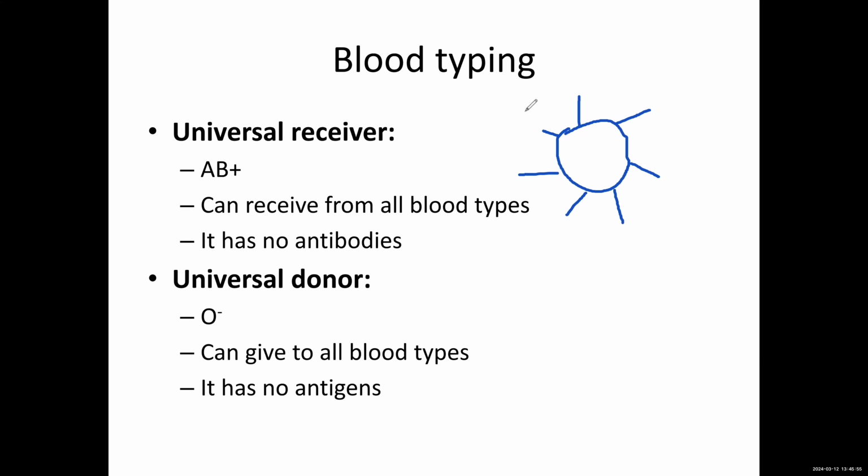So this patient has A and B, because it's AB, and Rh. Why does this patient have Rh? Because it's AB positive. And here again, A and B and Rh and so on, right?